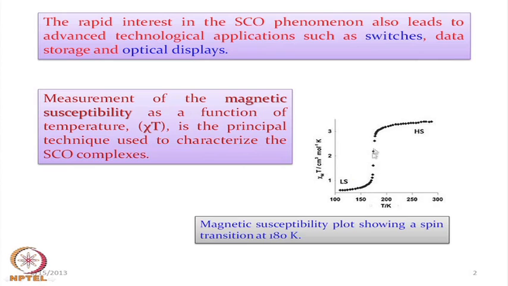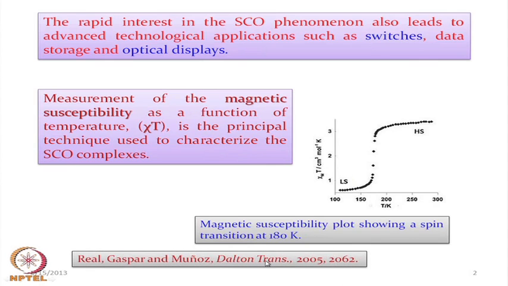So, at 180 K we have the transition from the low spin to the high spin, and this is a very recent work published in Dalton Transactions in 2005.